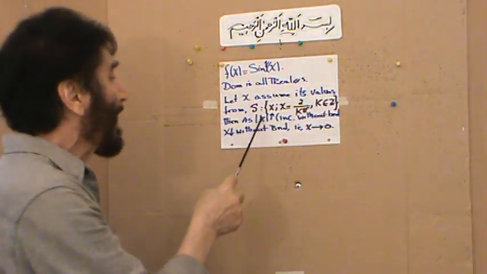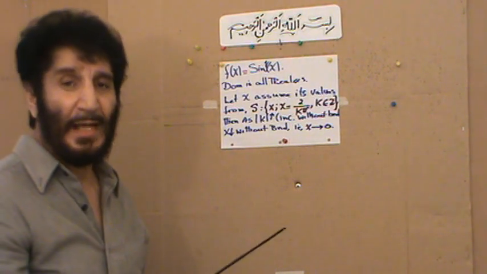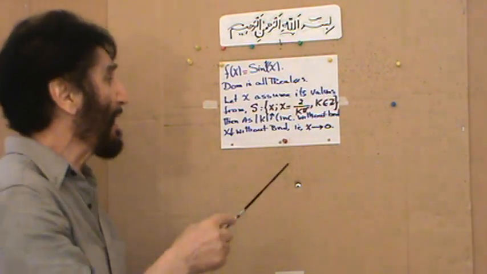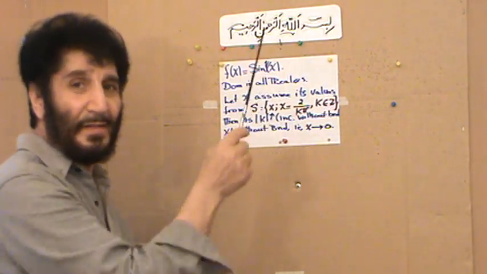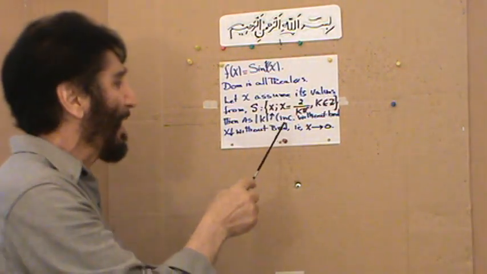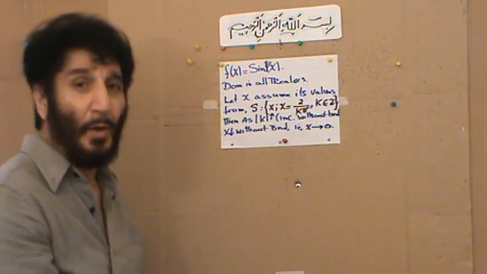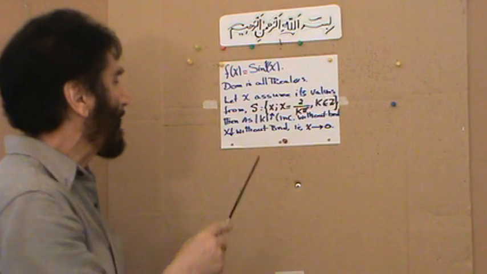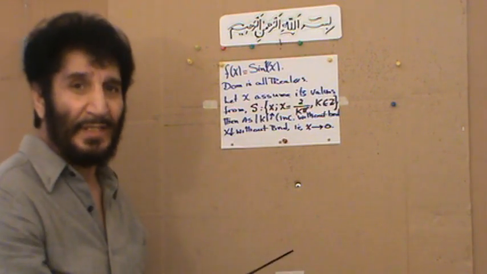Then as the absolute value of k, because k can be positive or negative, increases without bound, which means keep going, the value of x decreases, approaches 0.